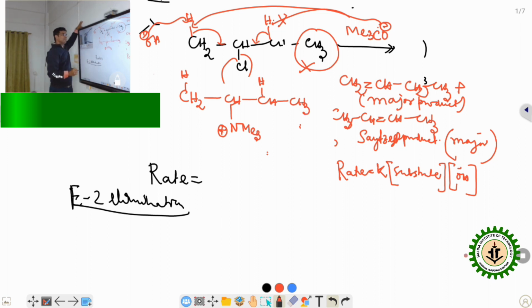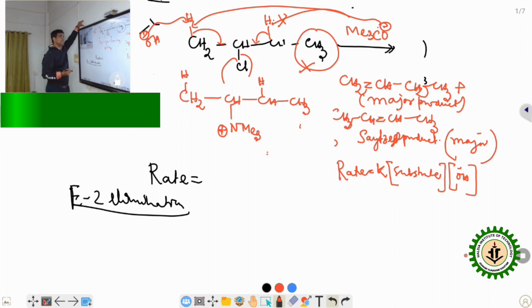In the E2 reaction I showed you, when the leaving group is any halide, the product depends on the stability of the alkene in the transition state. But here, when the leaving group is charged, the acidity of the beta hydrogen is the governing factor which decides the formation of the major product in this reaction.